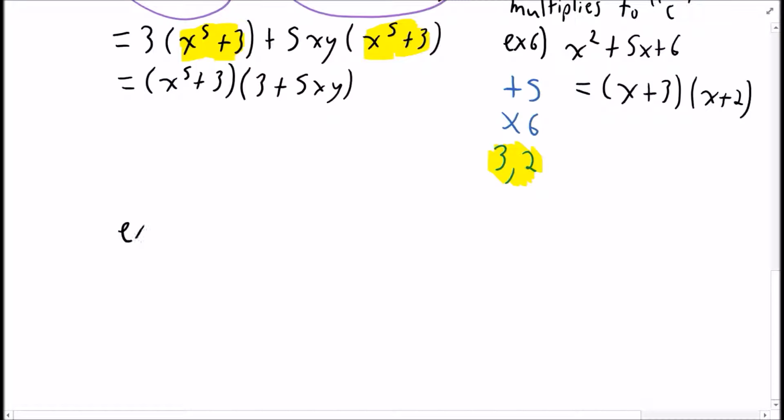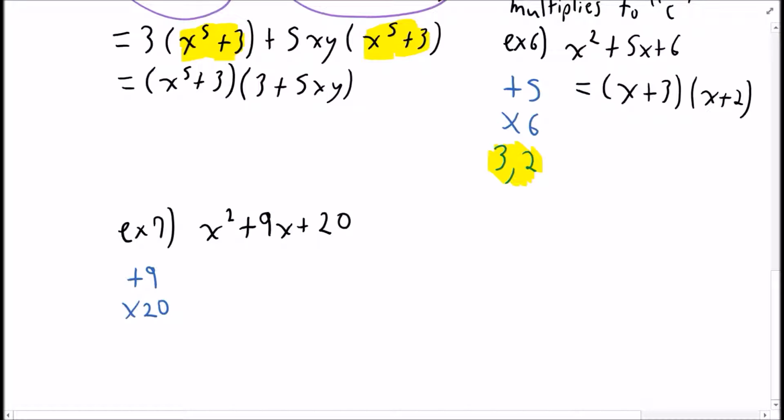So example 7. X squared plus 9x plus, let's see here, 20. So this time I want to know what adds to 9 and what same two numbers are going to multiply to 20.